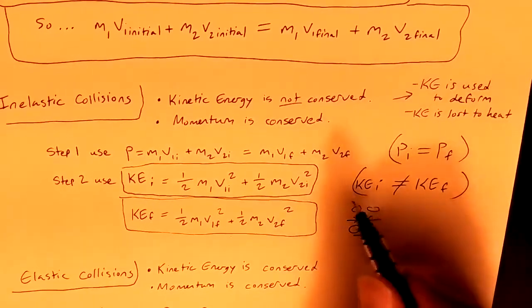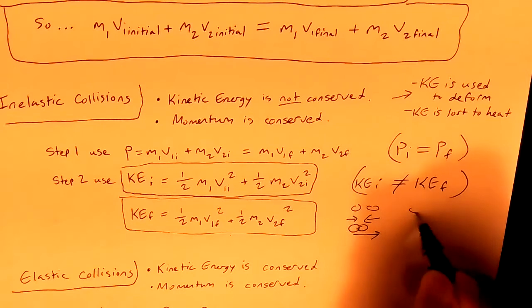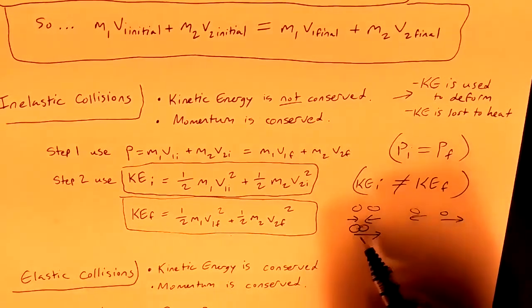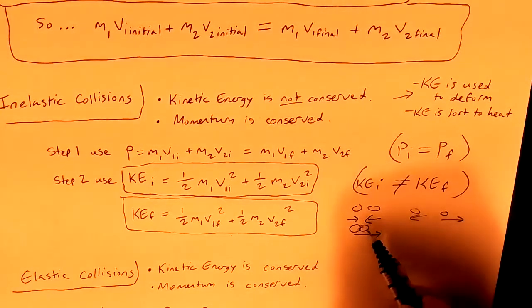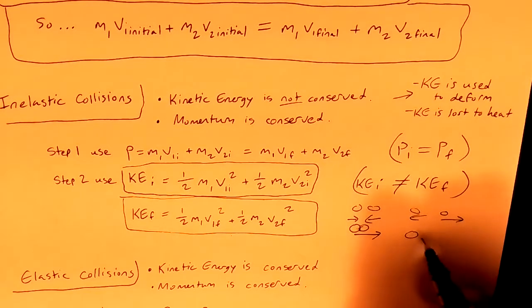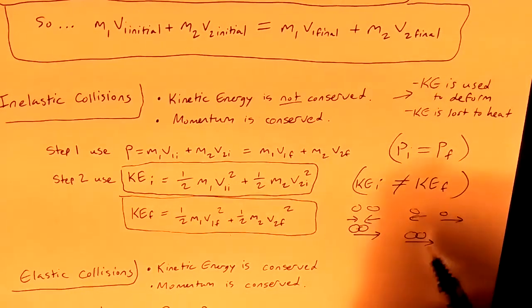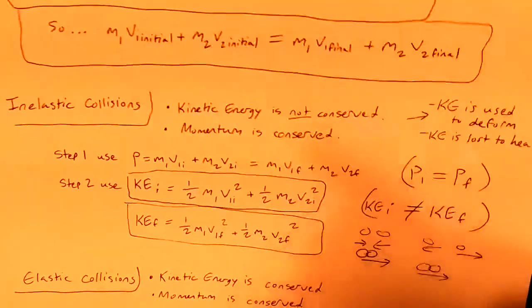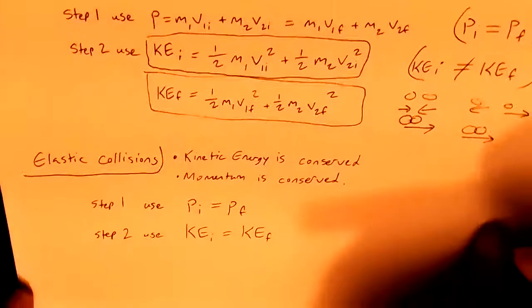But instead of bouncing off one another and then going their separate ways, a lot of the times in inelastic collisions, they hit each other and then they stick together and then have a velocity that is shared. And we'll talk about that in some examples.